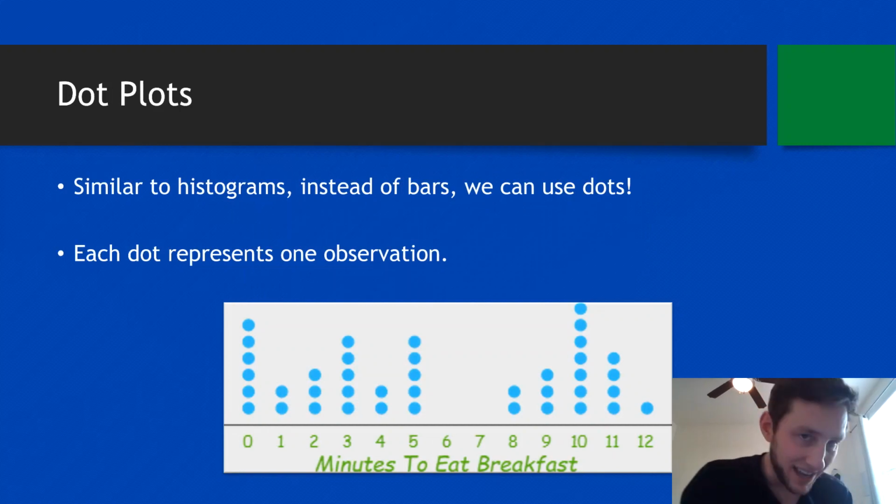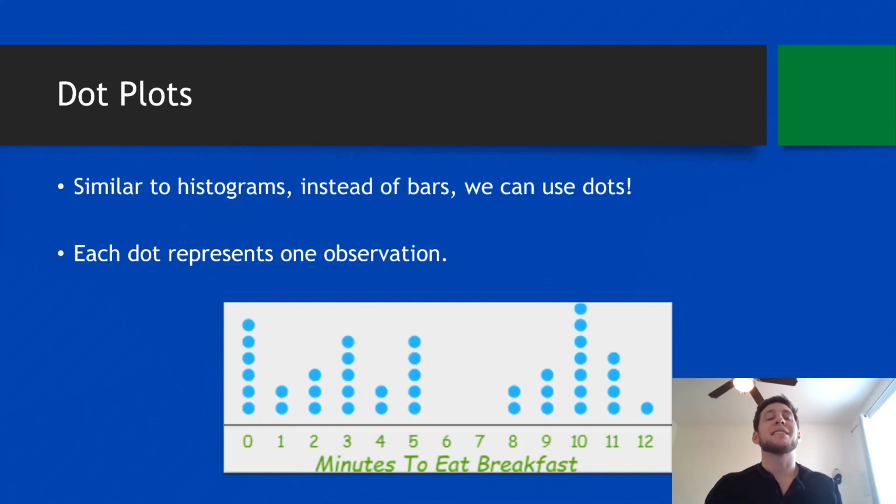Last thing, just in case you thought this section was too intense for your liking, let's end on something nice. Turns out you can do dot plots to represent data. Dot plots are similar to histograms, except instead of bars, you just use dots to represent how many observations are there.